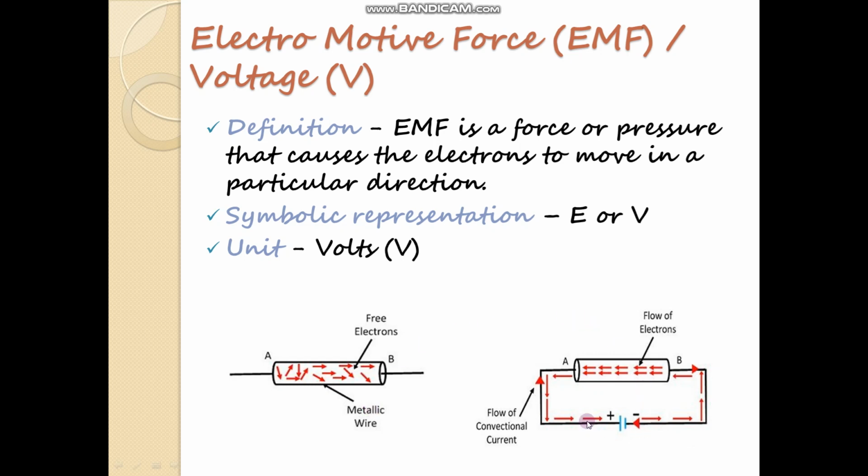But when we connect the battery to this conducting material, these electrons start moving in one particular direction only, from the negative end of the battery to the positive end. So EMF or voltage is the force or pressure that causes the electrons to move in one particular direction. It is denoted by letter E or V, and its unit is volt.